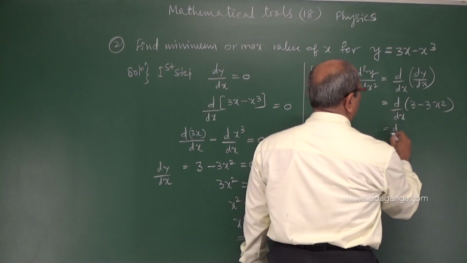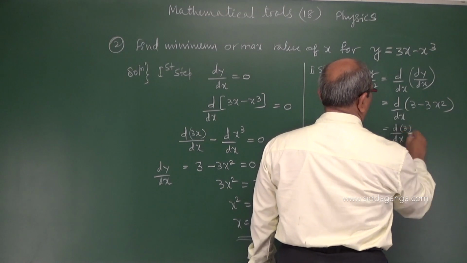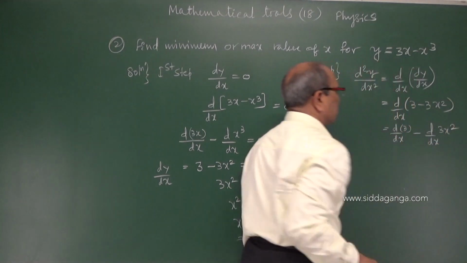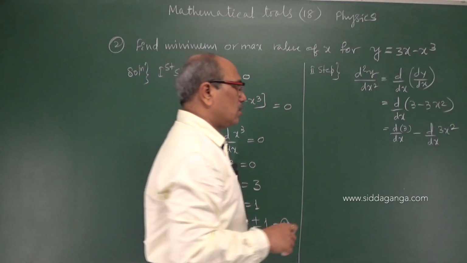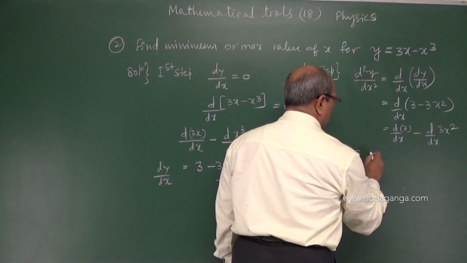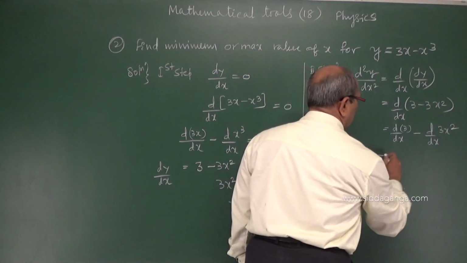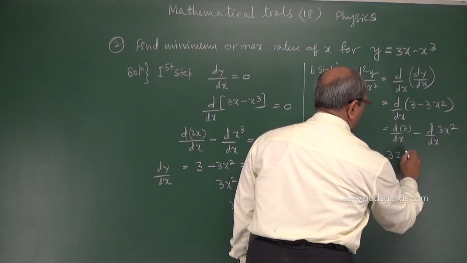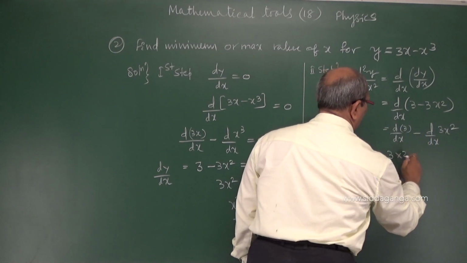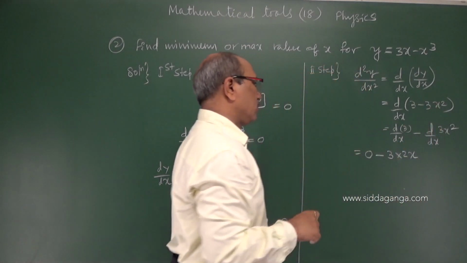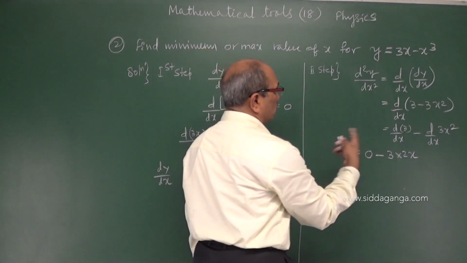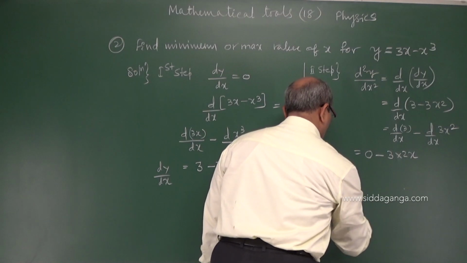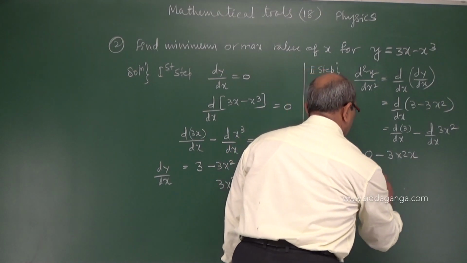Splitting, d by dx of 3 is 0, minus 3 into 2x. That means d square y by dx square is found to be minus 6x.